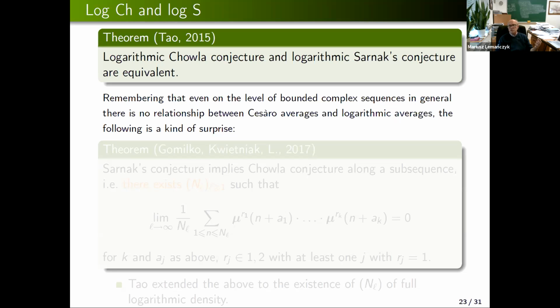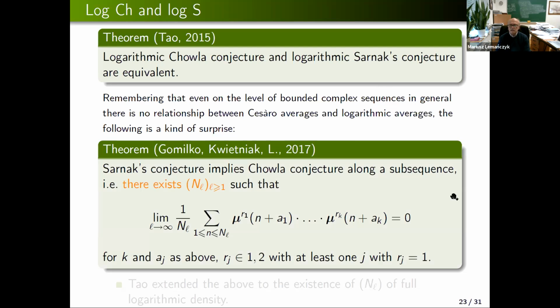But even if you take sequences of complex numbers, you can see that you can have many accumulation points of these two averaging sequences, and the sets of accumulation points can even be disjoint.